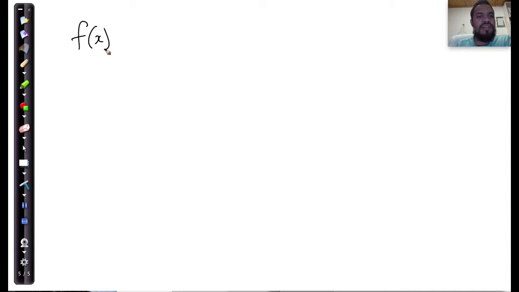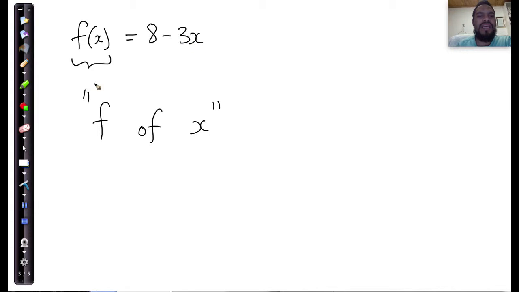I'm going to call this function f of x. It's read as f of x, right? And I'm saying f of x is equal to 8 minus 3 multiplied by x.